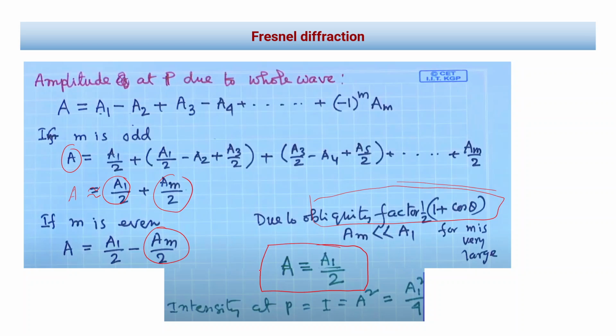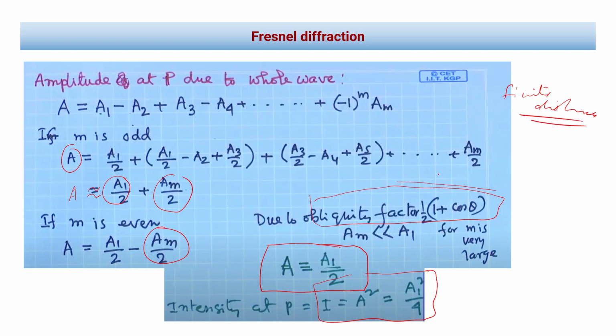So the amplitude that will reach the screen in Fresnel diffraction through these circular apertures will be half of the original amplitude, and the intensity, which is the square of this amplitude, will be a square by 4. This happens in Fresnel diffraction when we have the source and screen at finite distances.